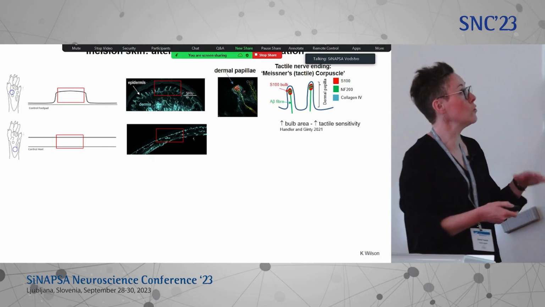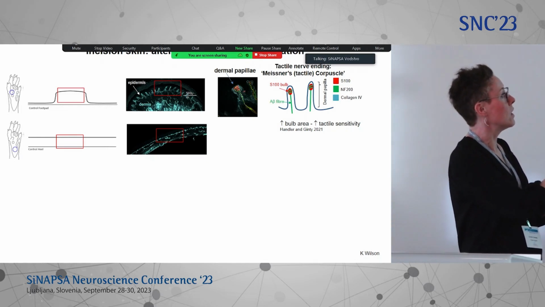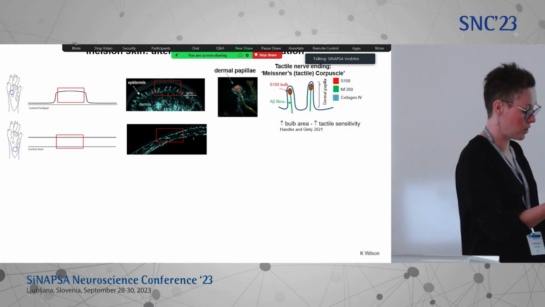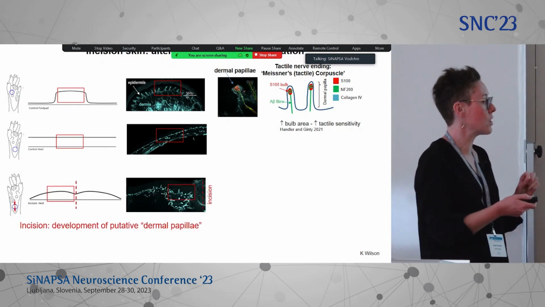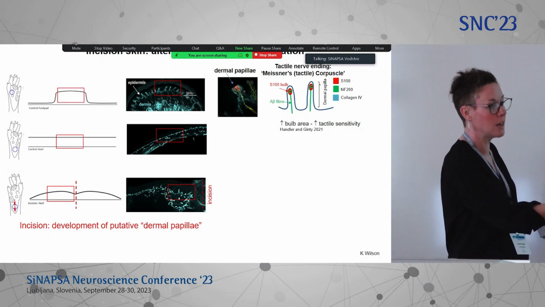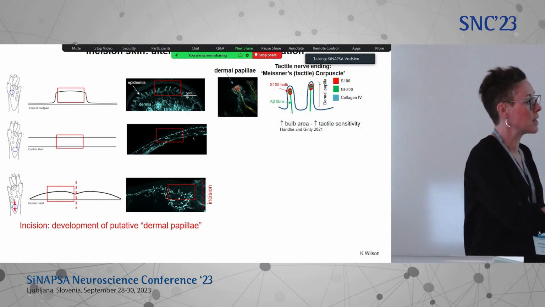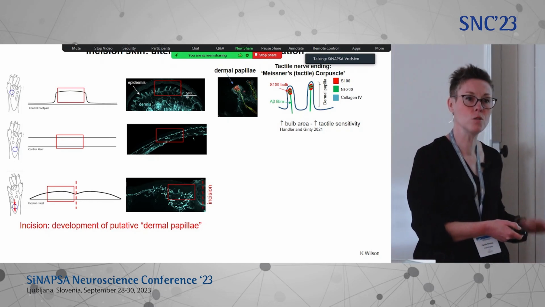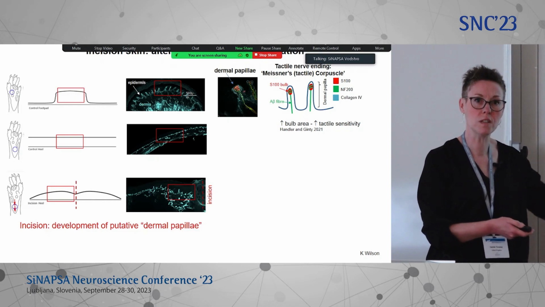But in the control heel region, this structure is not present, and neither is this innervation. But really interestingly, following incision, and that is the incision site here, we have observed the development of dermal protrusions that appear to be oriented towards the incision site.